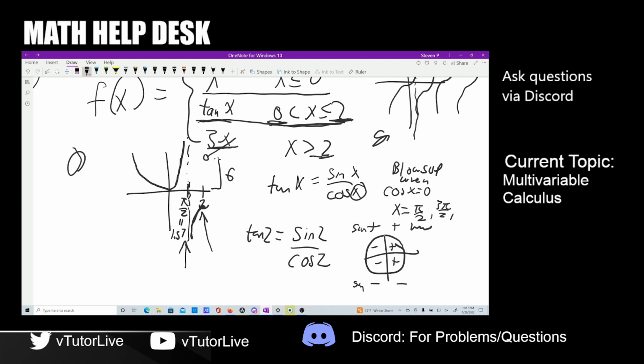So if I'm not mistaken, at an angle of 2 radians, you're going to be somewhere in quadrant 2. So cosine of 2 is negative, and sine of 2 is positive. So tangent overall is negative, somewhere below the x-axis, whereas the next line, 3x, picks up above the x-axis. And that's why I'm sure that there's a point of discontinuity here.